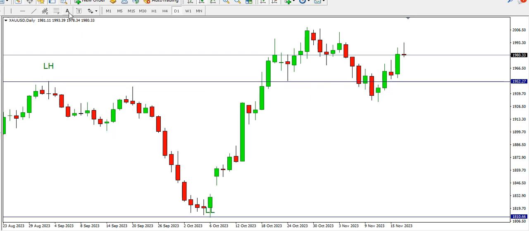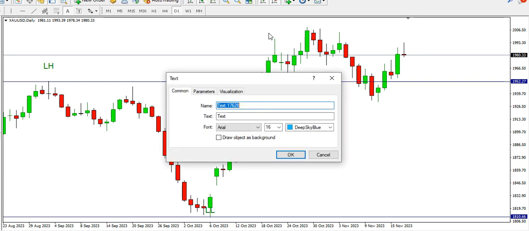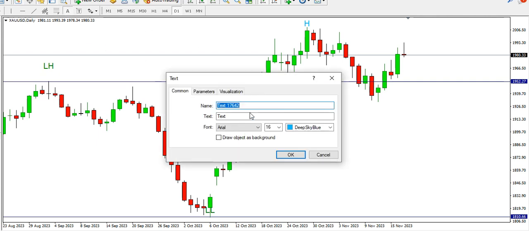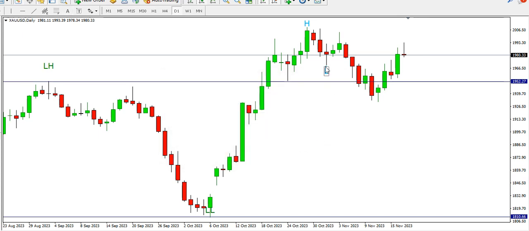Looking at this particular side, let's just progress this. Let's call this our high. Let's call this our high. Let's call this our high. Let's call this our low. Let's call this lower high.